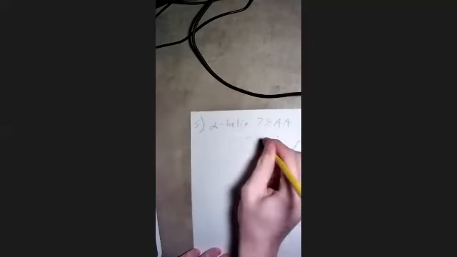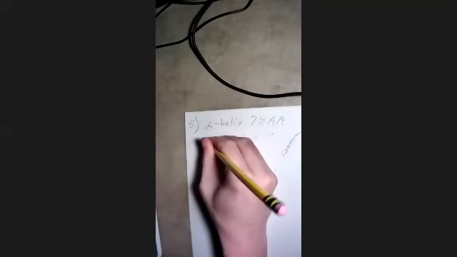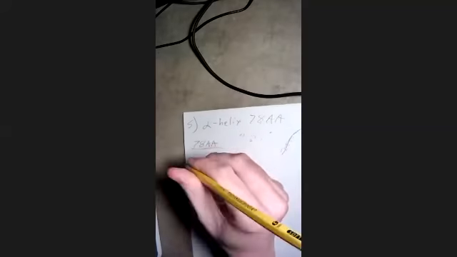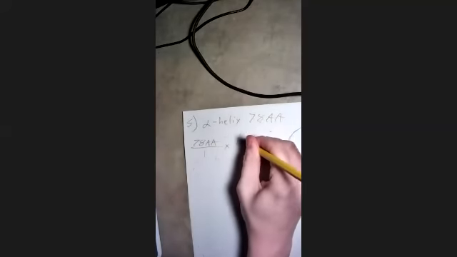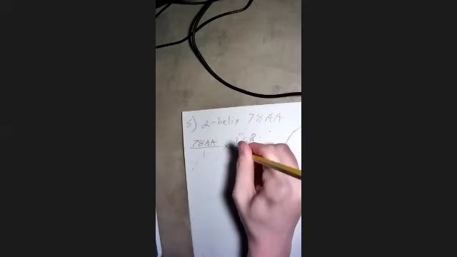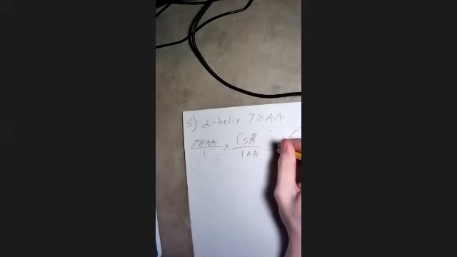They want to know the length of the alpha helix, so we take the 78 amino acids over 1, multiply by 1.5 angstroms per amino acid, and that gives us a total of 117 angstroms for this alpha helix.